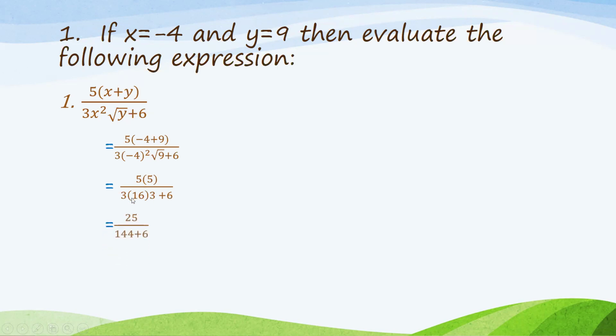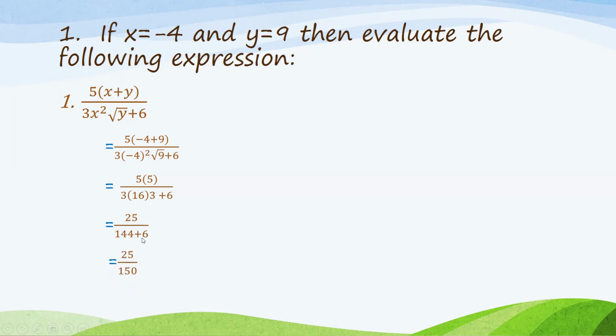And what about the denominator? We get 3, 16, and 3. That means 16. Here we can see that 3 3s are 9, and 16 9s are 144 in the denominator plus 6. Right? Now, 144 plus 6 gives you 150.